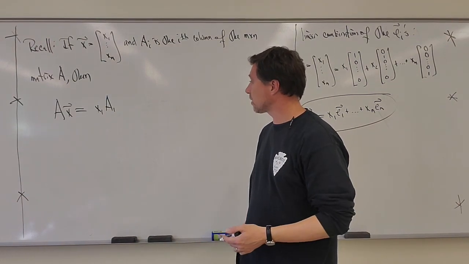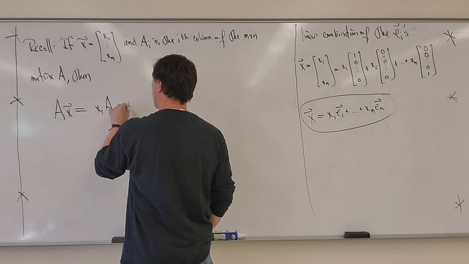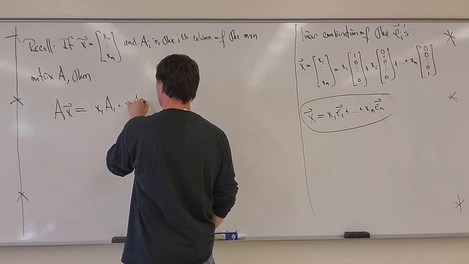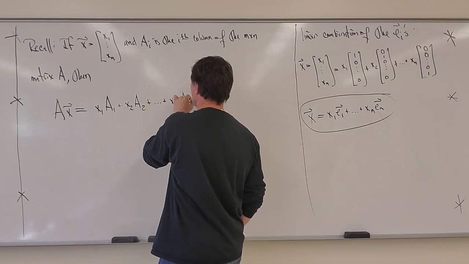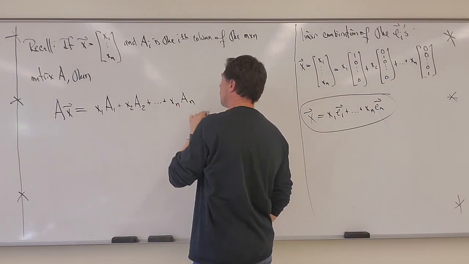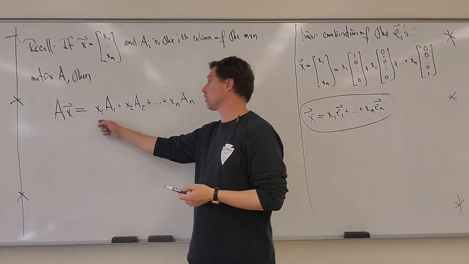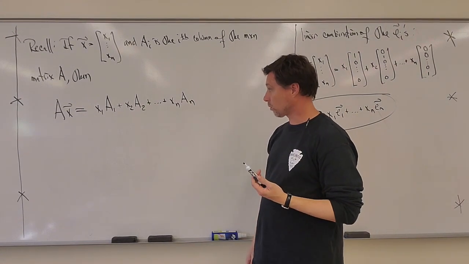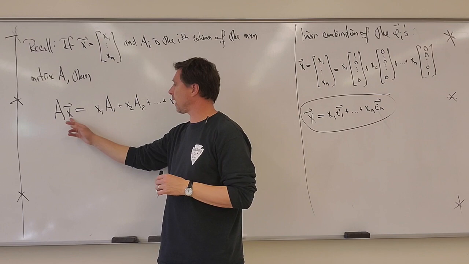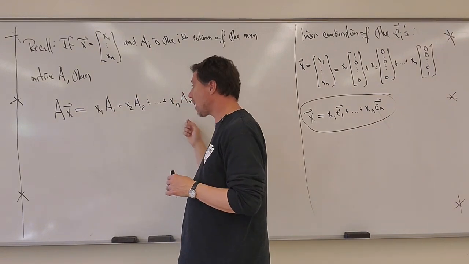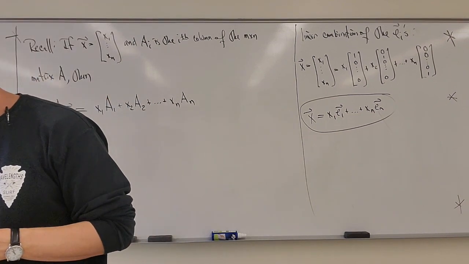So A times x equals x1 times the first column plus x2 times the second column plus dot dot dot xn times the last column. So matrix times column vector can be expressed in this way. In other words, A times x is a linear combination of the columns of capital A.